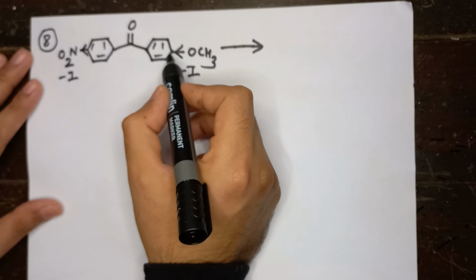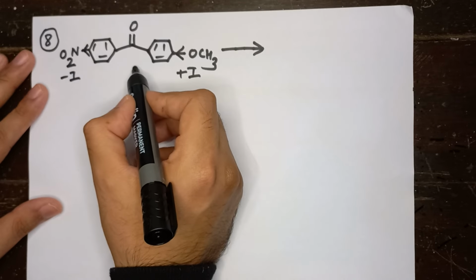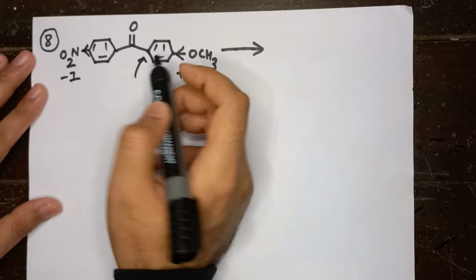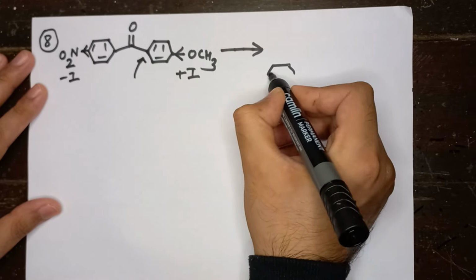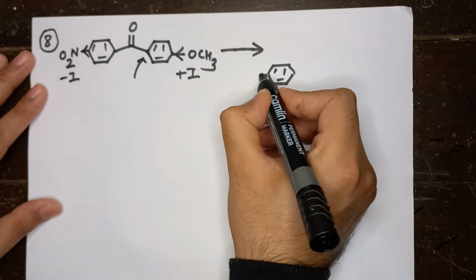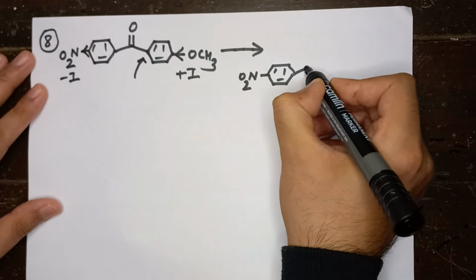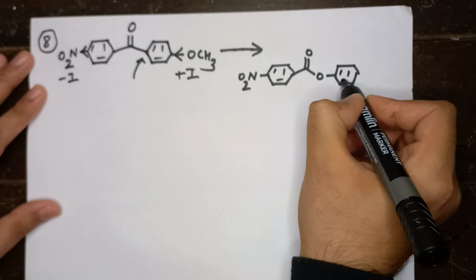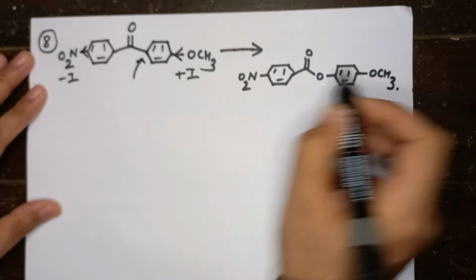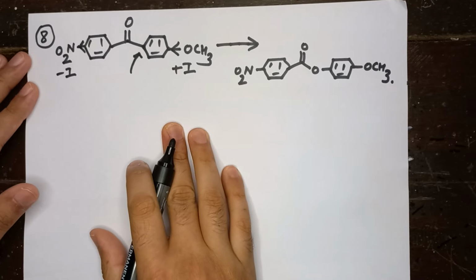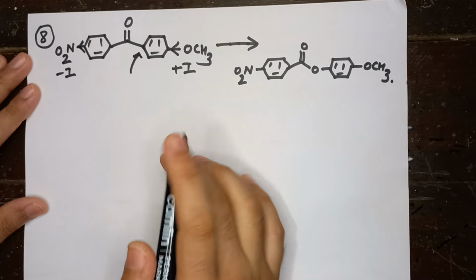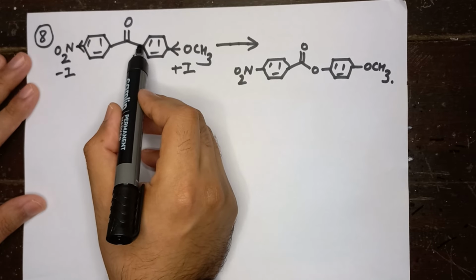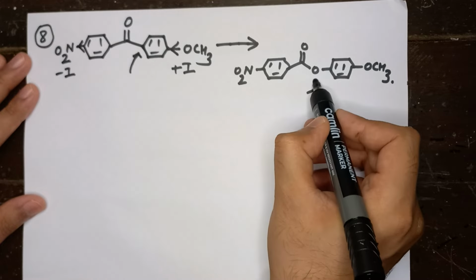So the one who donates electron will create more electron density. So electron density at this carbon is more. So that's why oxygen will be inserted in the right side, and this is the product. So the electron donating group creates more electron density or cloud at this center. That's why oxygen is sitting here.